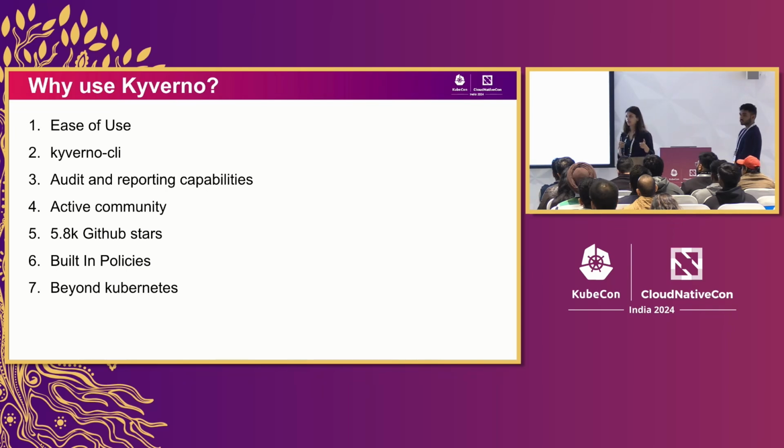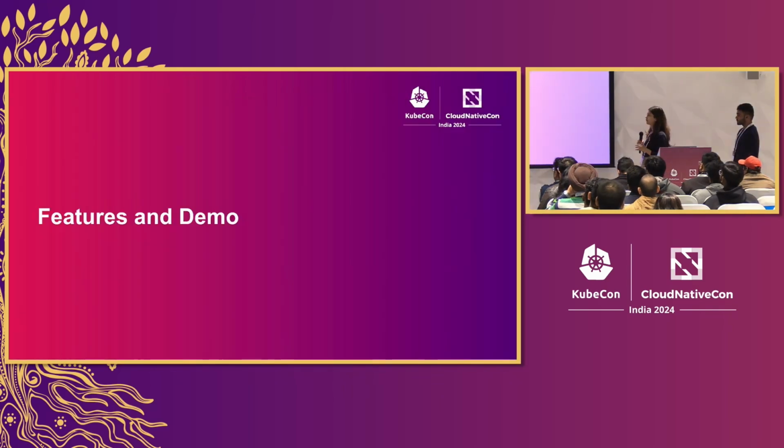The last reason, which we'll cover a little later in the session, is that Kyverno is expanding beyond Kubernetes. That means it's looking to help you ensure compliance, security, look at governance, be a policy engine in not just Kubernetes, but beyond that. With that, I'll let Sachin take over the features.